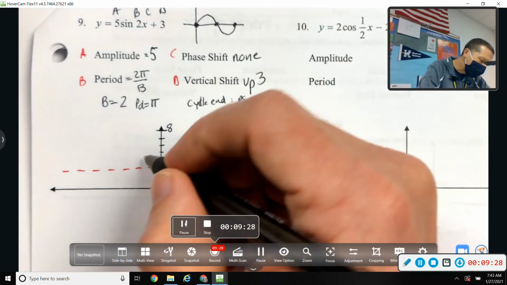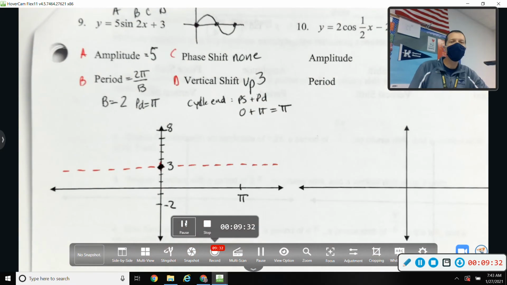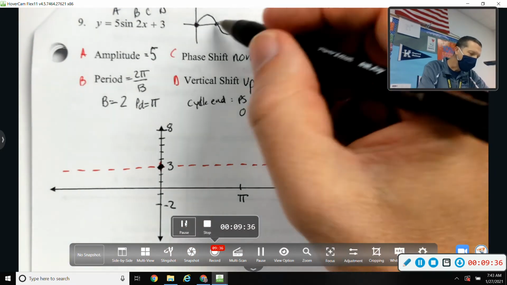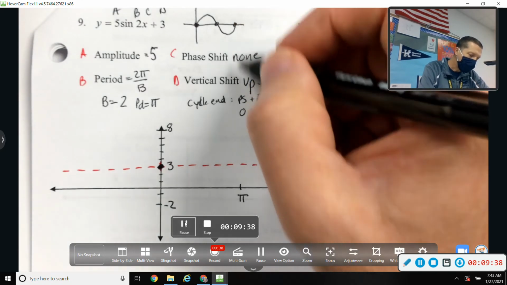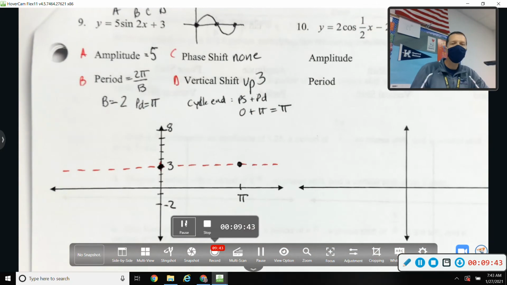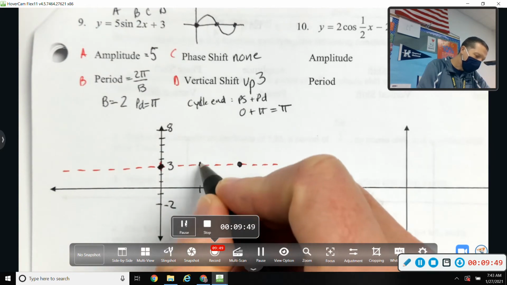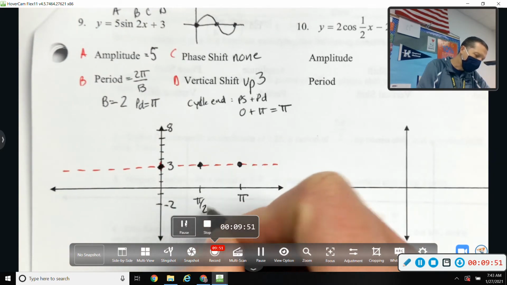So it starts at the new 0, or the new origin. A period away, we're at 0 again, because that's where we're going to start over. Halfway in between, at pi over 2, we're at 0.